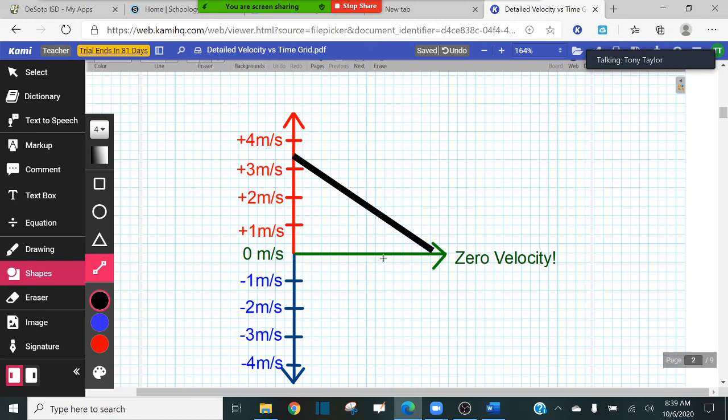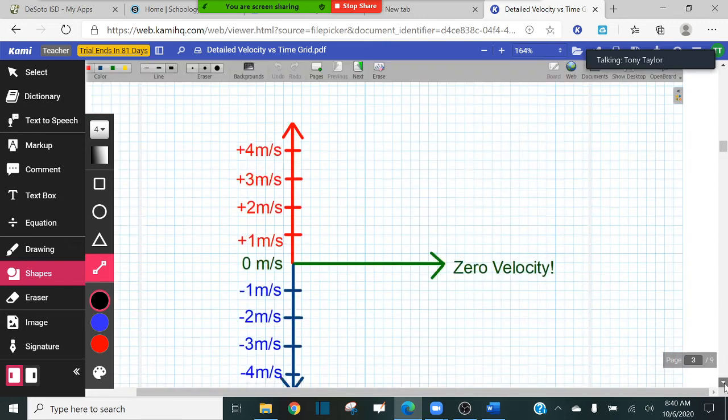Everything along this horizontal axis represents zero velocity. So as you read your graph from left to right, the velocity starts off high and then approaches zero. If it's approaching zero with time, that means our object is slowing down. So this object here is slowing down while moving in the positive direction.